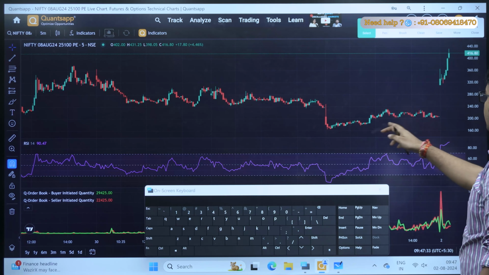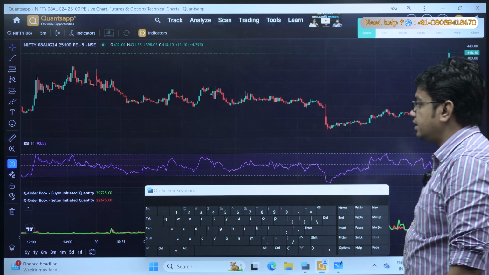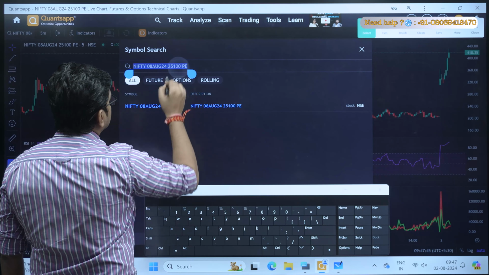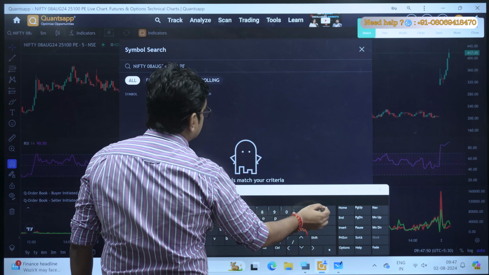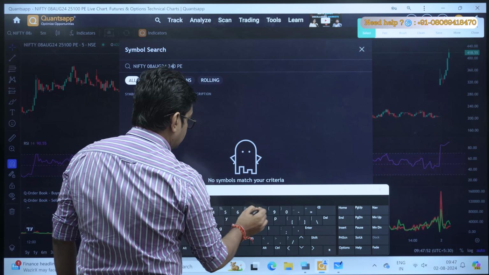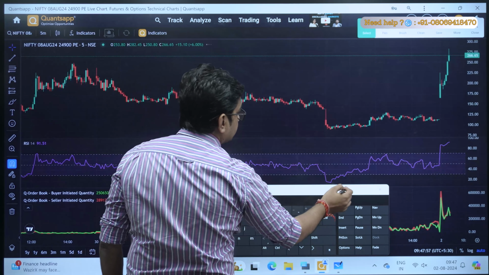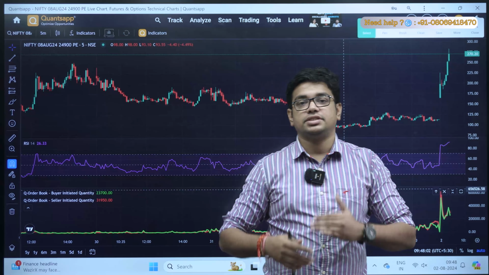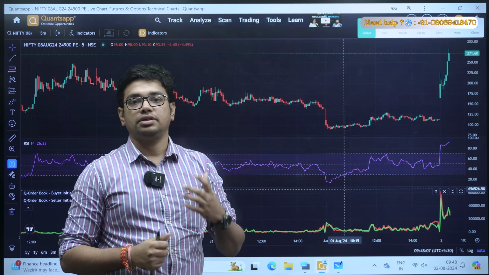You can see the premium was around 160, let me consider it as 180. Right now it is 400. Now I'll show you what the premium of 24,900 was. You can see it was 100, and it is now 270. You can see the differences. This one is an OTM strike and the previous one was an ATM strike.